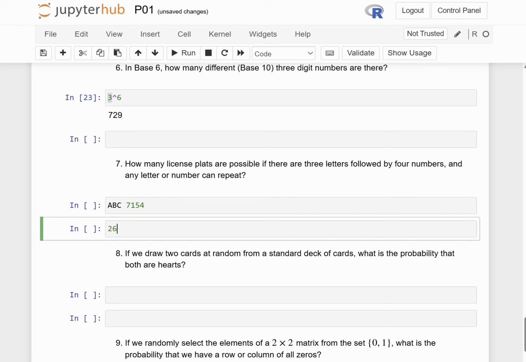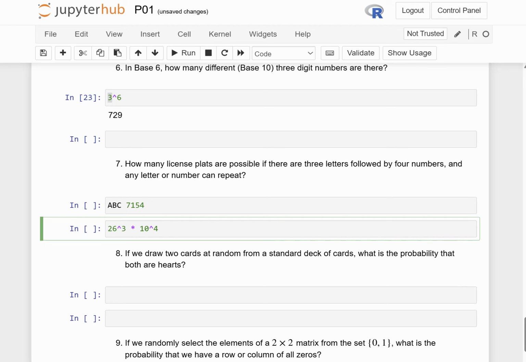So I have 26 three times. Three times I'm choosing from 26 letters. You know how license plates are, they don't have lowercase, so there's only 26. If you are allowed lowercase and uppercase, then that would be 52. But we only have 26 options. And then for the numbers, we have 10 options each time and four numbers that we're drawing.